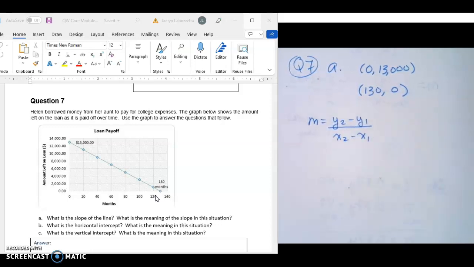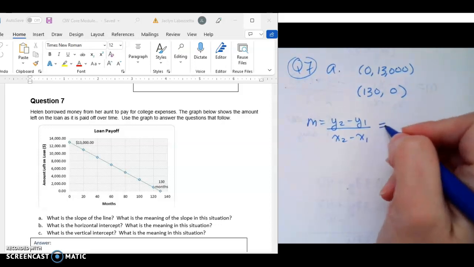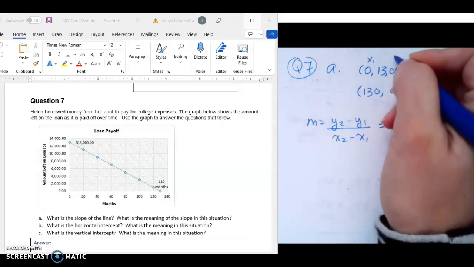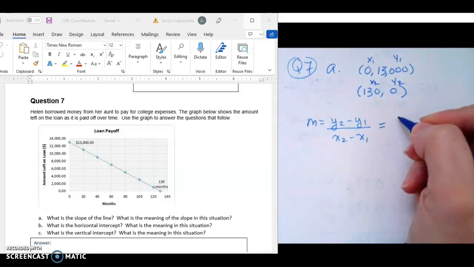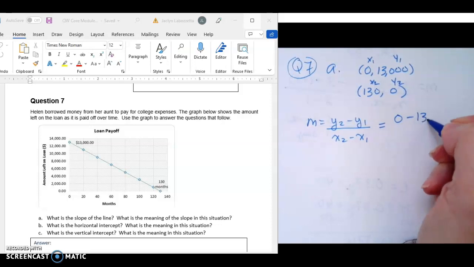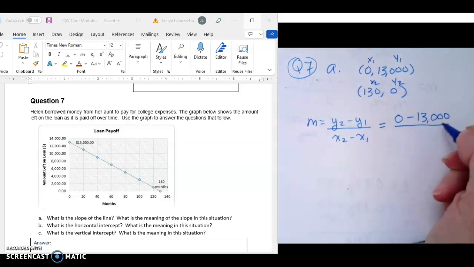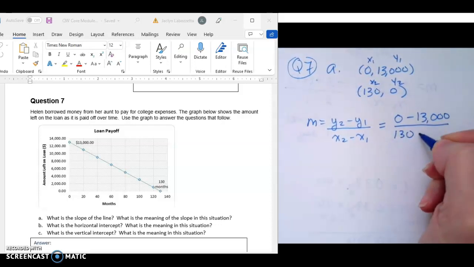You should have this memorized. Here I'll call this x1, y1, x2, y2. So I have 0 minus 13,000 over 130 minus 0.